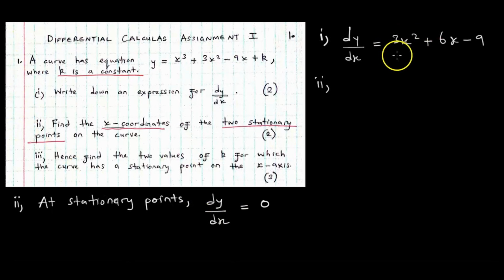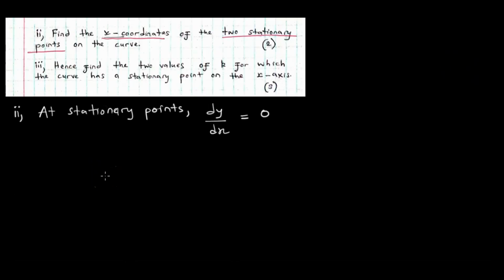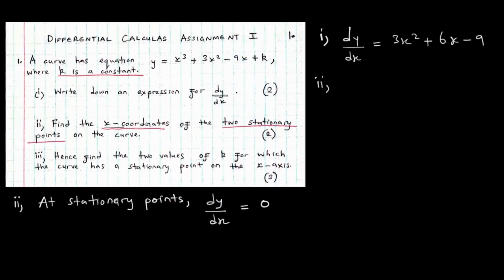But to calculate dy dx, from part 1, remember, we found 3x squared plus 6x minus 9. So the moment that dy dx is equal to 0, we can simply take this value of dy dx, which is 3x squared plus 6x minus 9, totally equal to 0.